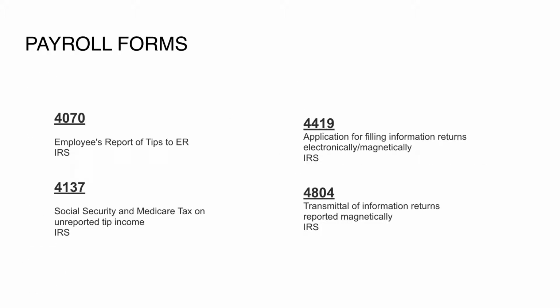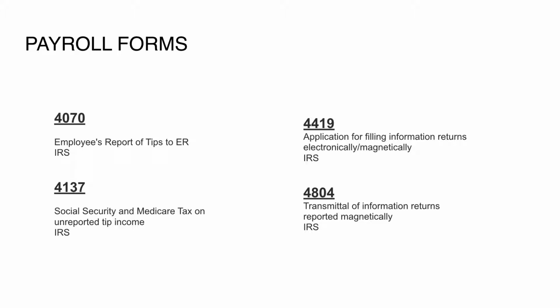Form 4070, employee's report of tips to employer, reported to the IRS. Form 4137, Social Security and Medicare tax on unreported tip income, reported to the IRS. Form 4419, application for filing information returns electronically or magnetically, reported to the IRS.